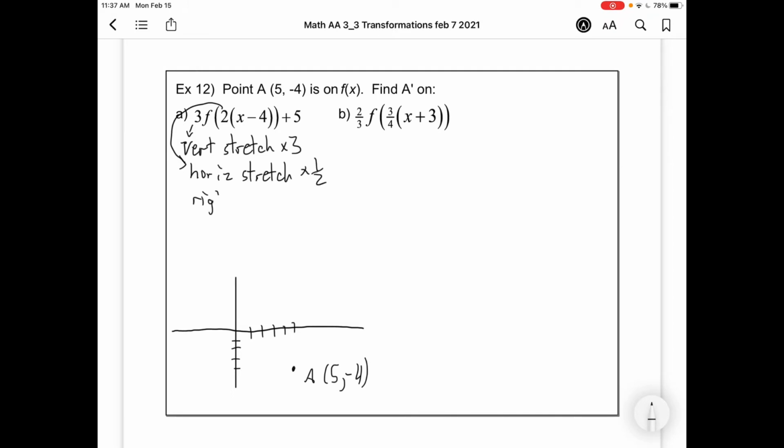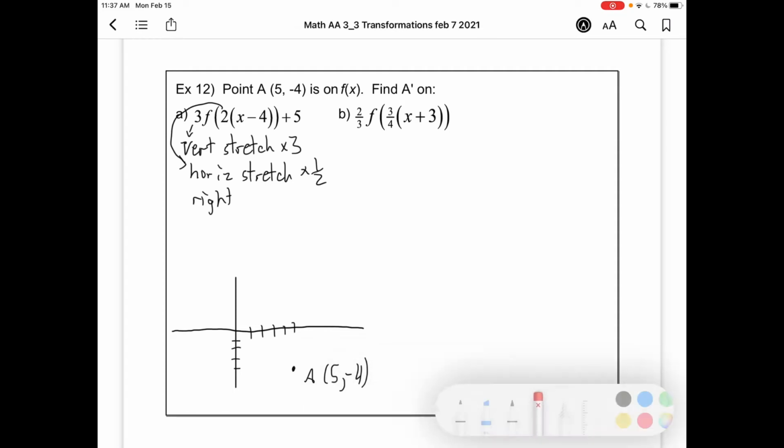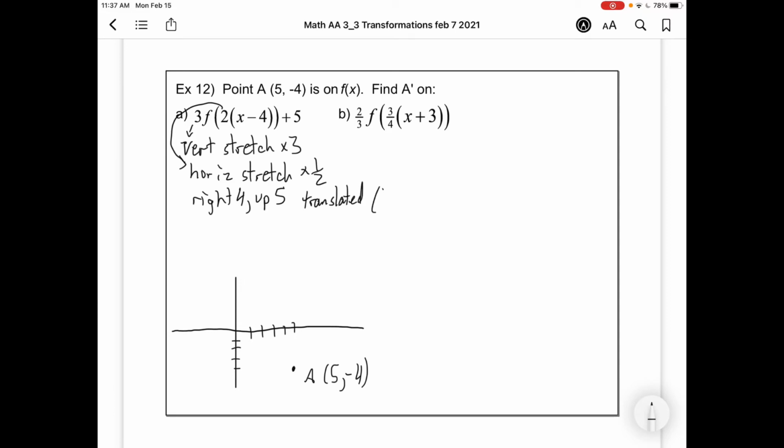And finally, right 4 and up 5. I don't need to write those as coordinates. I want to write them as instructions. Right 4, up 5. Or as a vector, you could say translated by the vector 4, 5, which just means 4 to the right, 5 up.